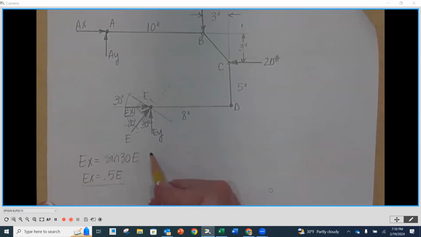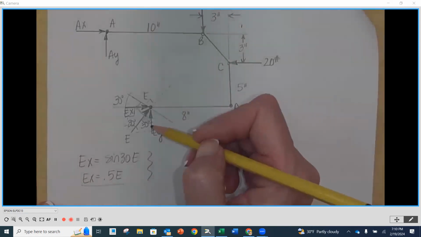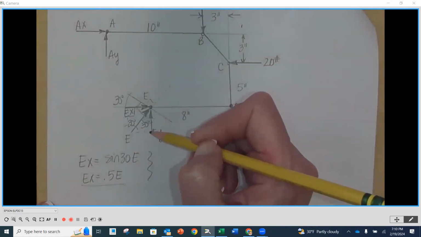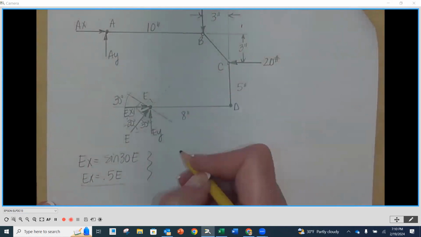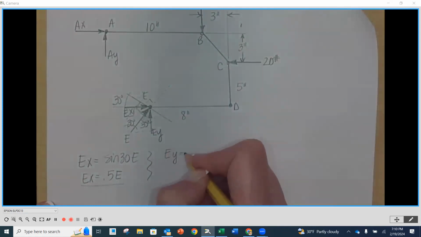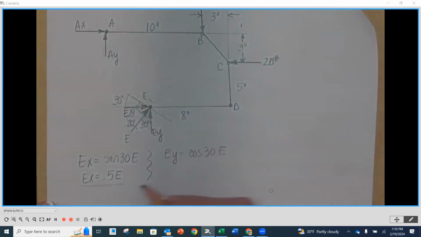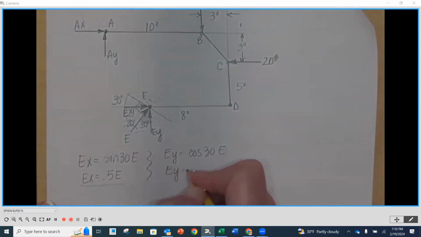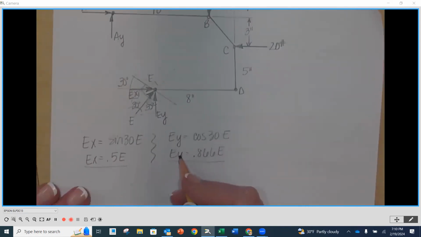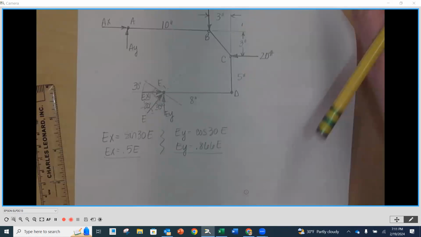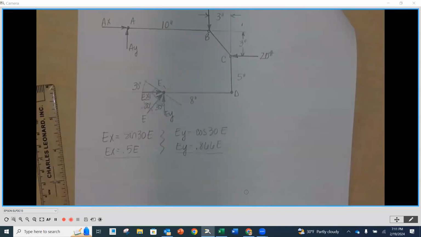Okay. Our EY is the side adjacent to the 30, right? So that means EY is going to be the cosine of 30 times E. So cosine of 30 is 0.866 times E. So instead of writing EY, we're going to write 0.866 times E. And instead of writing EX, we're going to write 0.5 times E when we need to.